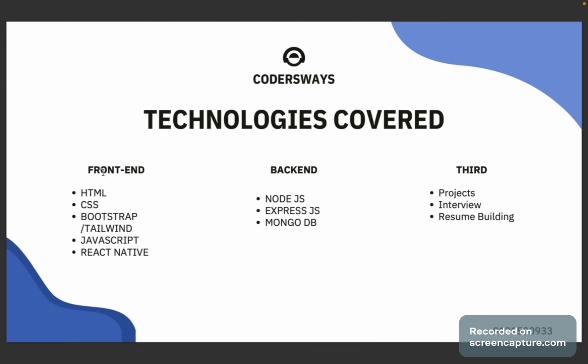The technologies we cover in the front end part are HTML, CSS, Bootstrap, Tailwind, JavaScript, React Native. What is the role of these technologies, we will understand in upcoming slides. And in the backend part, Node.js, Express.js, MongoDB I cover, right?